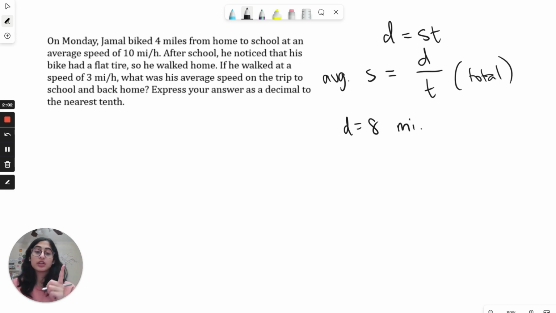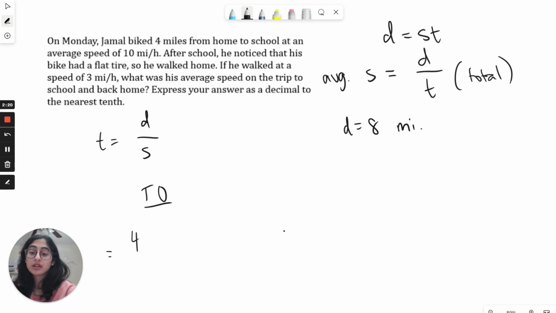So looking at that equation, distance equals speed times time, we know that time is equal to distance divided by speed. So if we want to find the time it took for Jamal to go to school, well, that is going to be equal to his distance of 4 miles divided by his speed of 10 miles per hour.